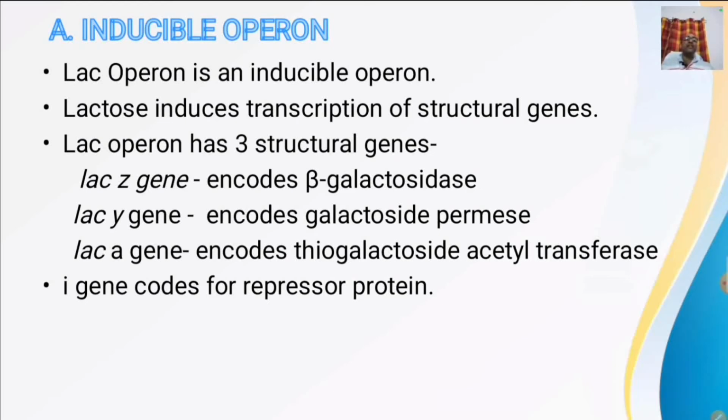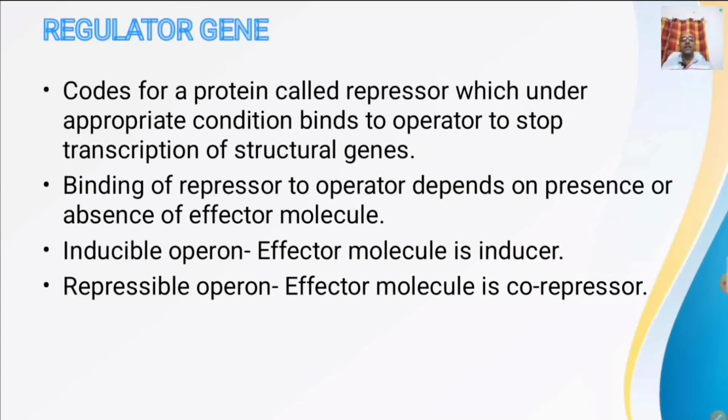As far as inducible operon is concerned, we know that the example is the lac operon, or lactose operon. Lactose induces, as I discussed in the previous section, the binding of the repressor to the operator region, and this binding is totally dependent on the effector molecule.